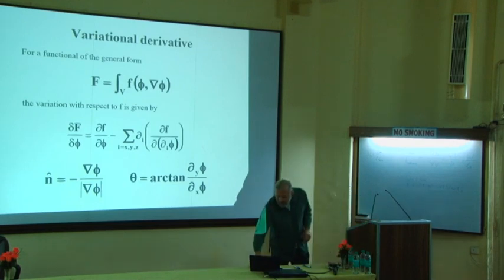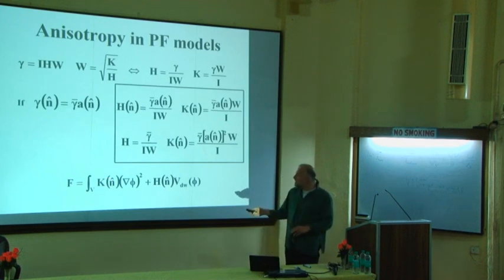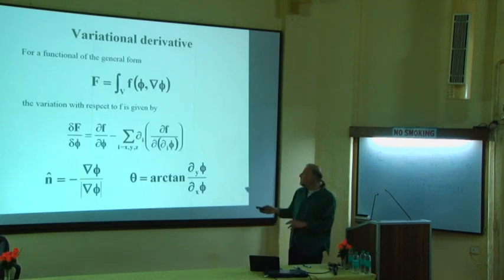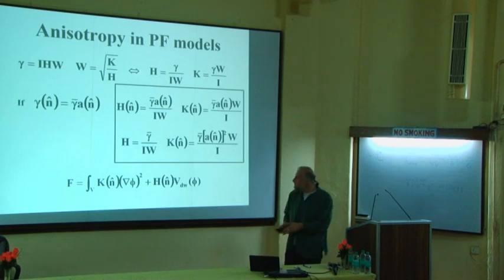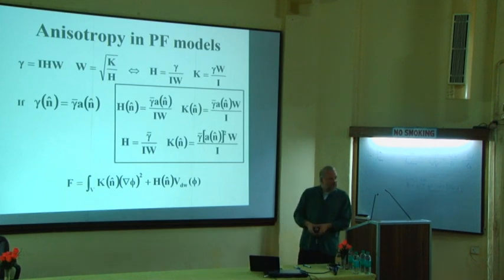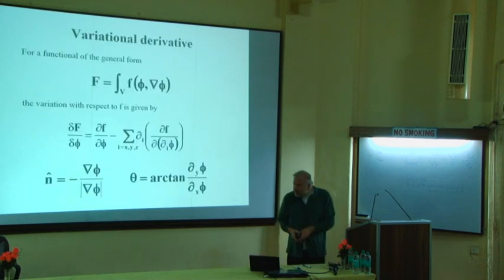Which means that if you now put a function of n in the free energy, then this part of the variational derivative will also act on that function. So you will get derivatives of this function in your equation of motion that come from the proper variation of the gradient terms. Okay? Which means that if you do that, your equation of motion becomes more complicated. There will be new terms that are precisely the terms generated by this part of the variational derivative.